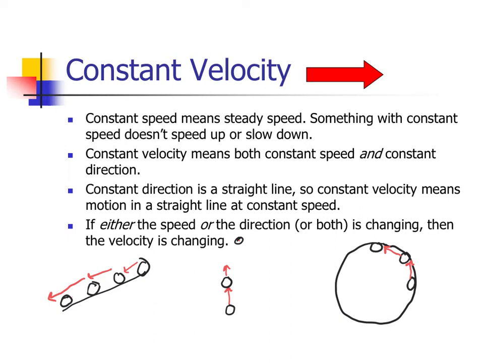Now, here's the fun thing. The arrows, if I drew them out properly, should be exactly the same. As the instant that it starts going up is going to be the arrow, or the velocity should be exactly the same the instant before it reaches that exact height that it was released from.